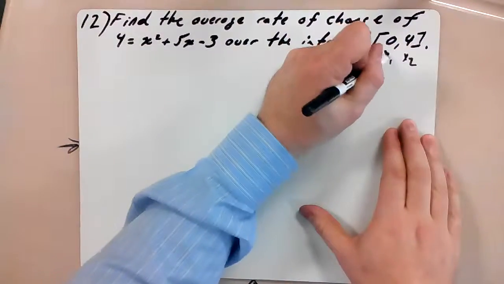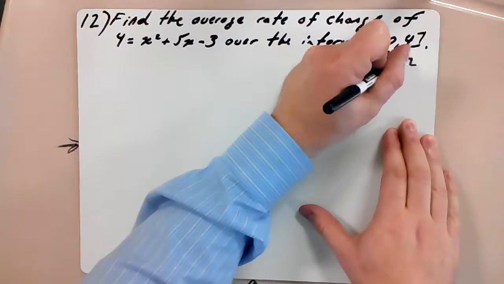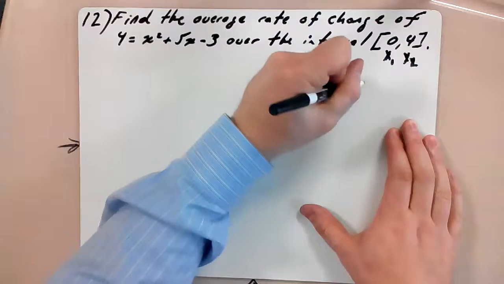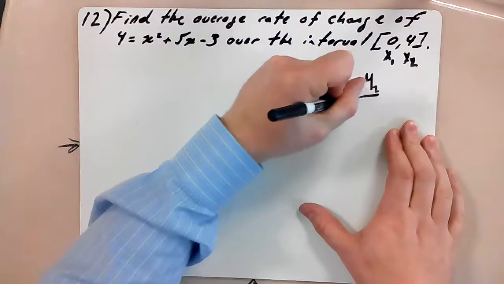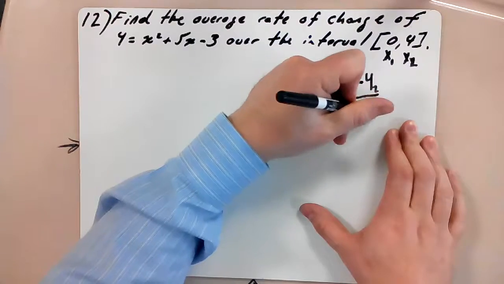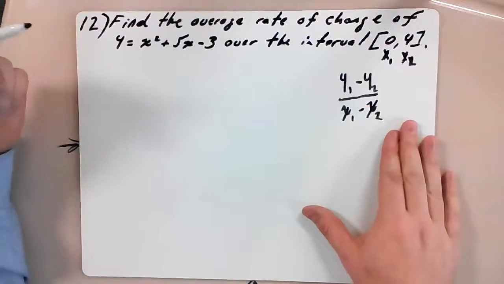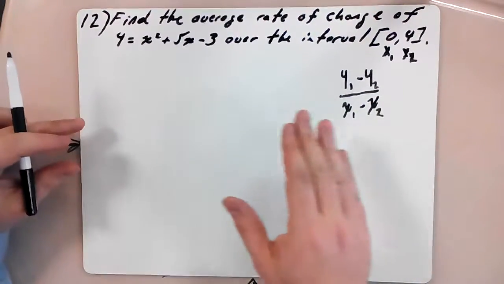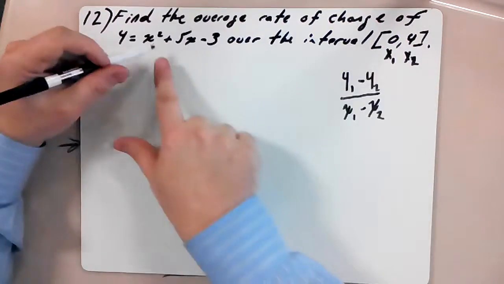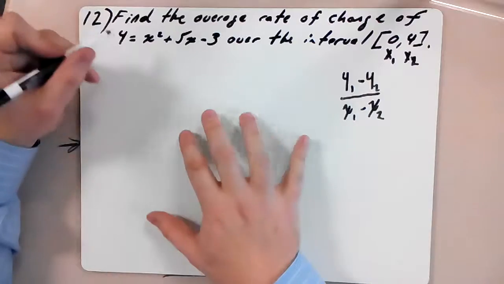So I said that this is x1 and this is x2. Eventually I have to plug this into this. So I need those y values. So here's how I'm going to do that. I'm going to plug that 0 into this formula to get the y to come out.